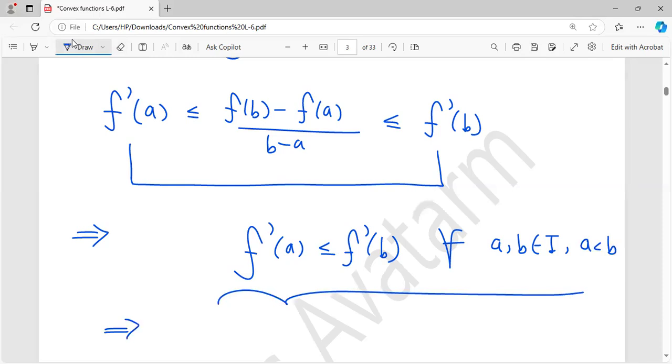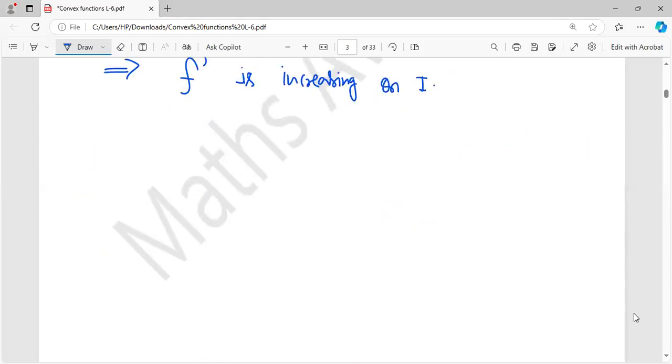This implies f' is increasing on I. And now we will prove the converse part.